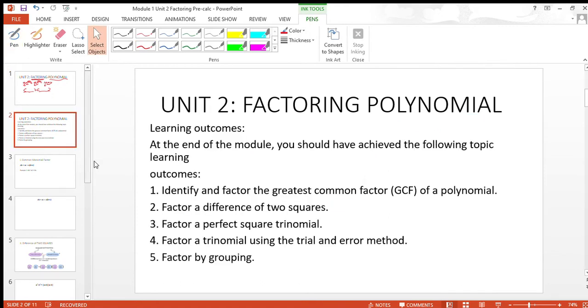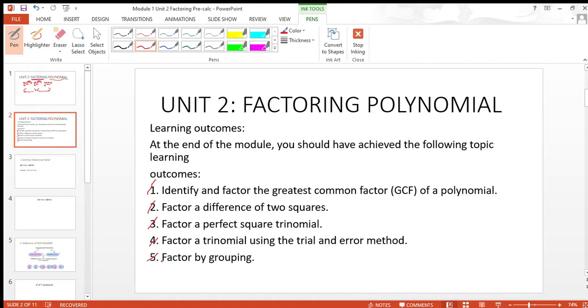And in Unit 2, we have a few learning outcomes. So the first one is to identify and factor the greatest common factor, or the GCF of a polynomial. 2, we have factor a difference of two squares. 3, factor a perfect square trinomial. 4, factor a trinomial using the trial and error method.